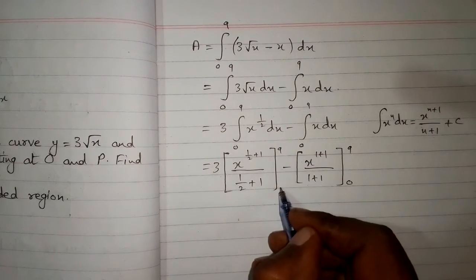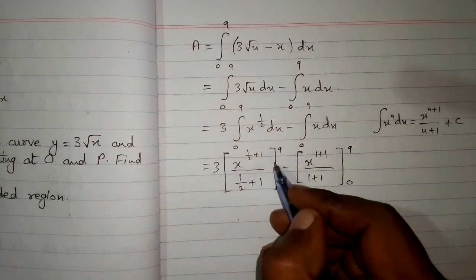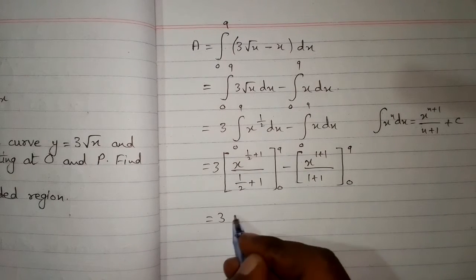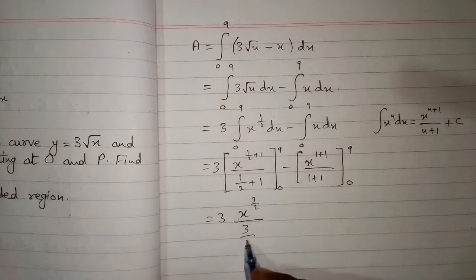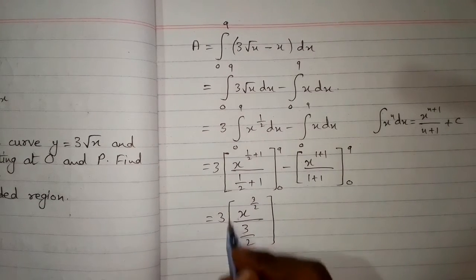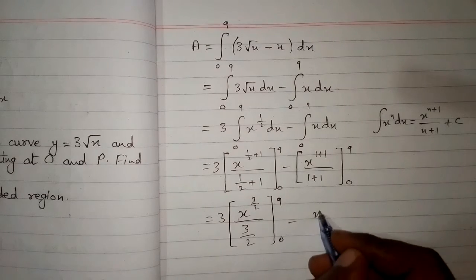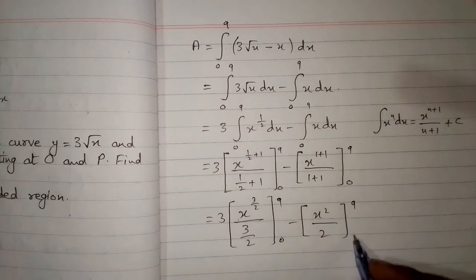Now we write the upper and lower limits in this, upper limit on the top of the box and lower limit on the bottom of the box. Now we have x to the power 3 upon 2, 9, 0, minus x square upon 2, and then we write the upper limit and lower limit.